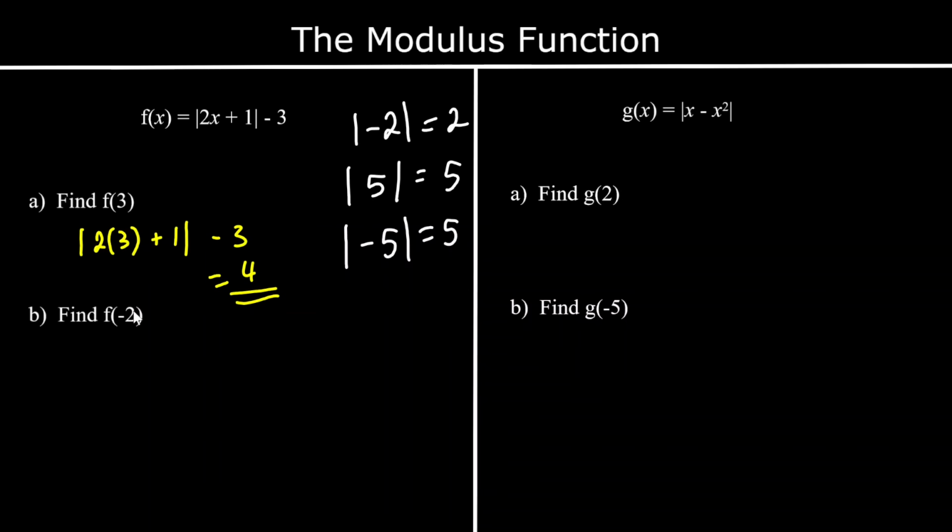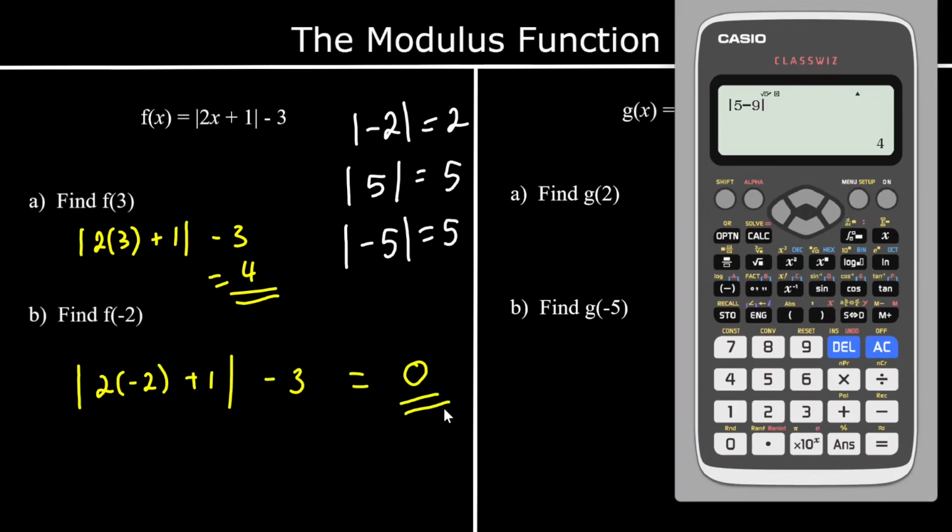If we have f of -2, we've got 2 -2's plus 1. So 2 -2's are -4, plus 1 is -3, but the modulus of -3 is just 3. It can't be negative. 3 take away 3 is 0.